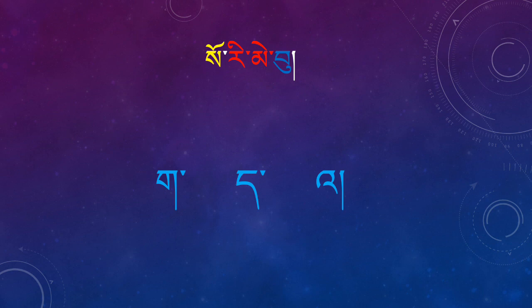Ta. And the last one is a. A. So once again, the 3 letters ka, ta, a.